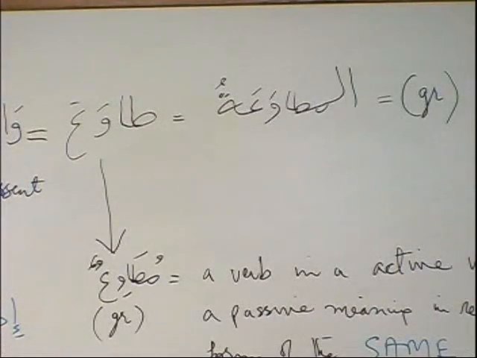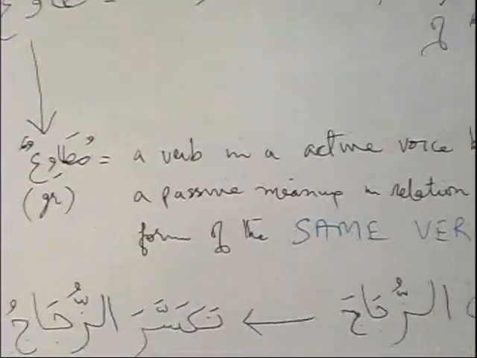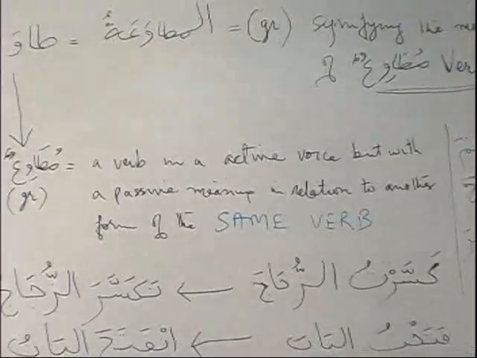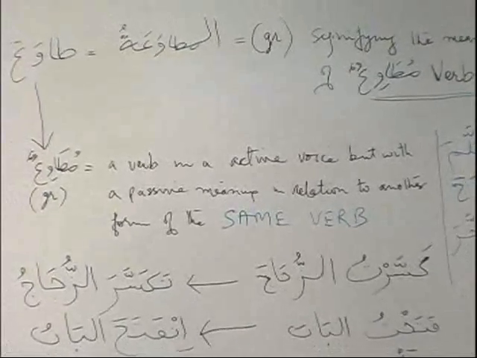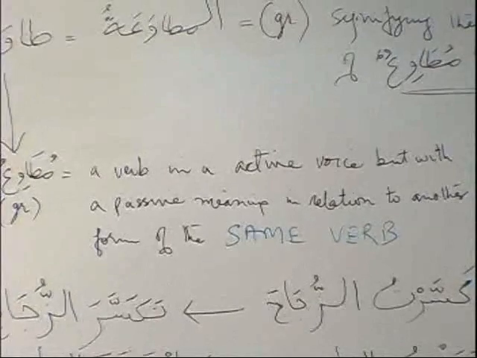In grammar, there is a verb in active voice, but with a passive voice meaning in relation to another form of the same verb. Okay? So, brothers and sisters, we have here kassartu zujaja.